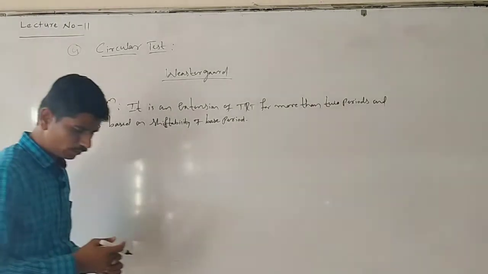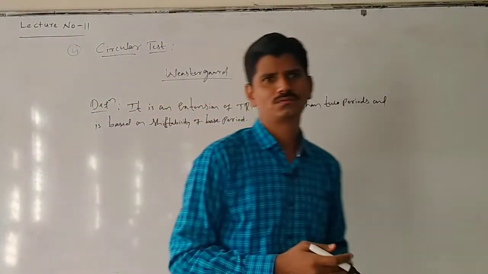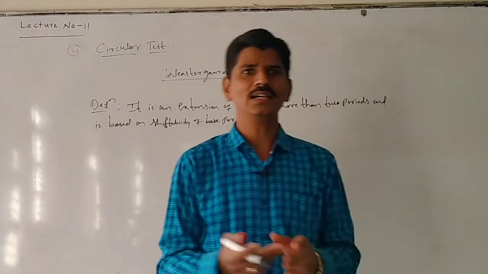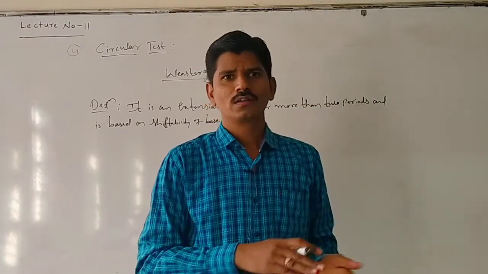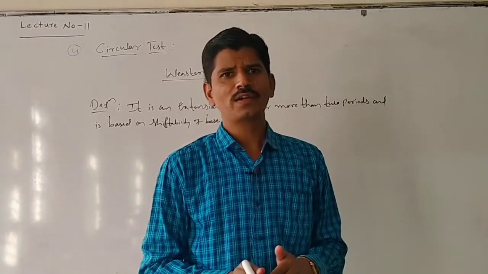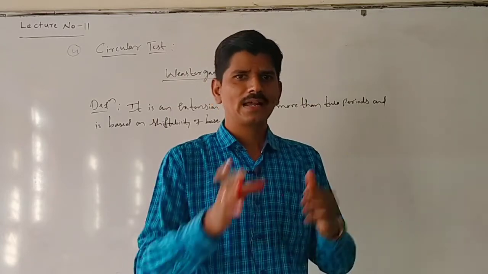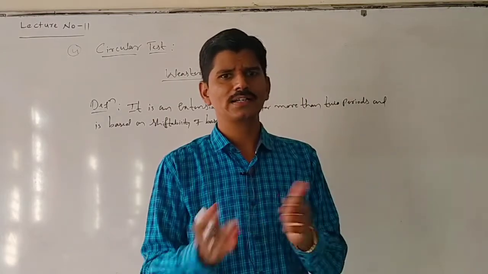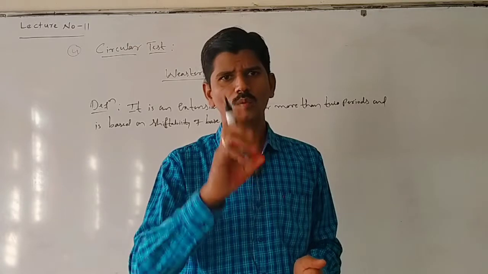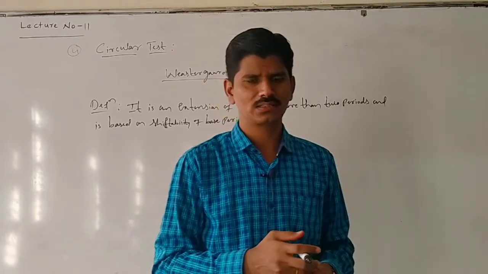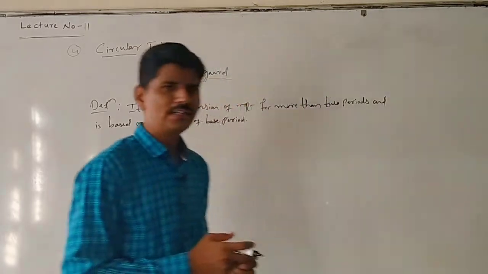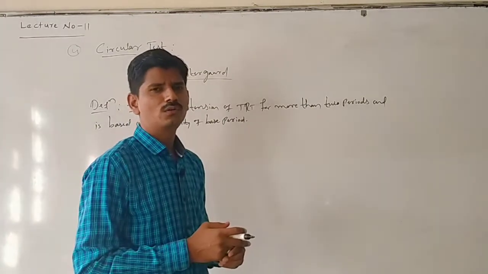Okay, here the time reversal test. What is the time reversal test? The product of the given price index number and the new price index number obtained by interchanging base year to current year and current year to base year should be equal to 1. It is called the time reversal test. The condition is P01 into P10 equal to 1.